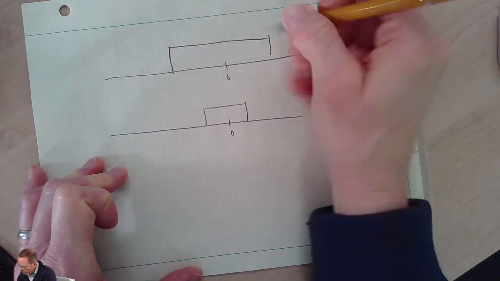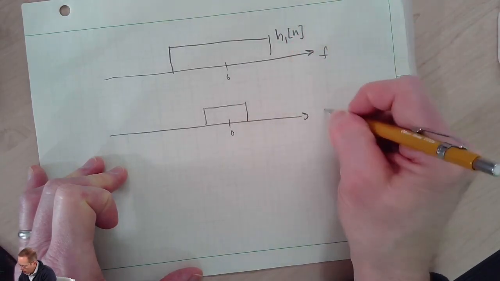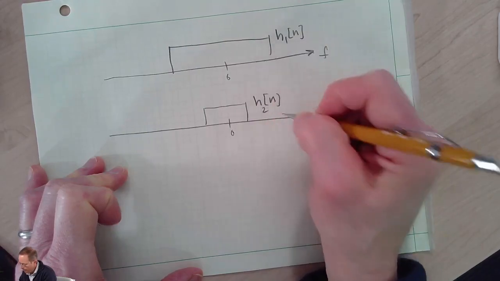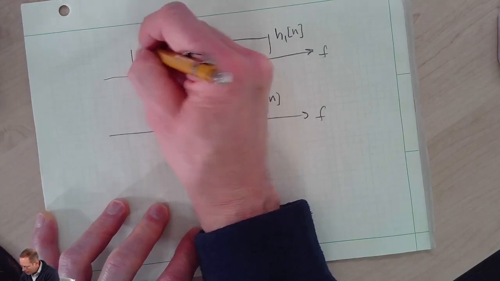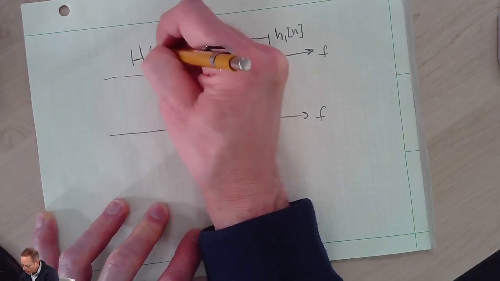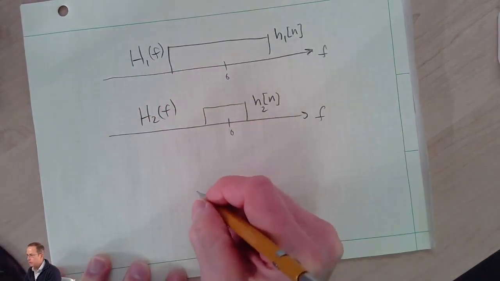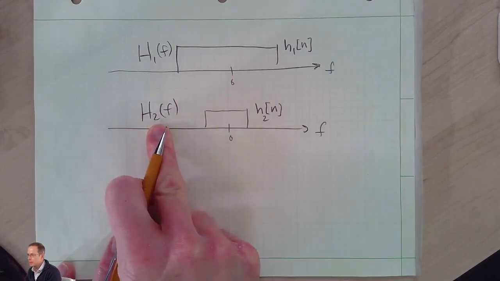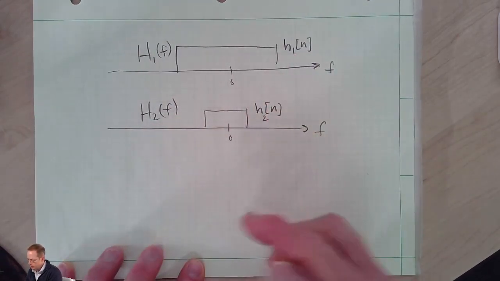So suppose this is filter impulse response h1 of n, and this down here is filter response h2 of n. The magnitude response, which is what we're plotting here in the frequency domain, is H1 of f, and this is H2 of f. But remember, the Fourier transform is a linear transform, so if we subtract in the frequency domain, we would subtract correspondingly in the time domain.